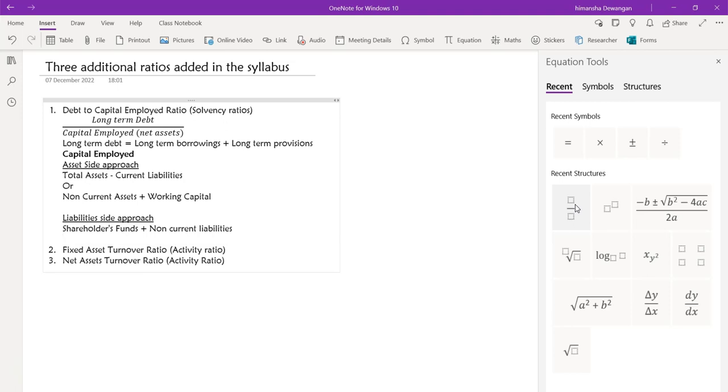So when we are calculating long-term debt divided by capital employed, we are seeing that out of the money invested in the business to run the business, how much is the share of the long-term debt? Can you tell me whether it will be lower the better or higher the better? Whether you want a larger part of debt in your capital employed or a lower part of debt in your capital employed.